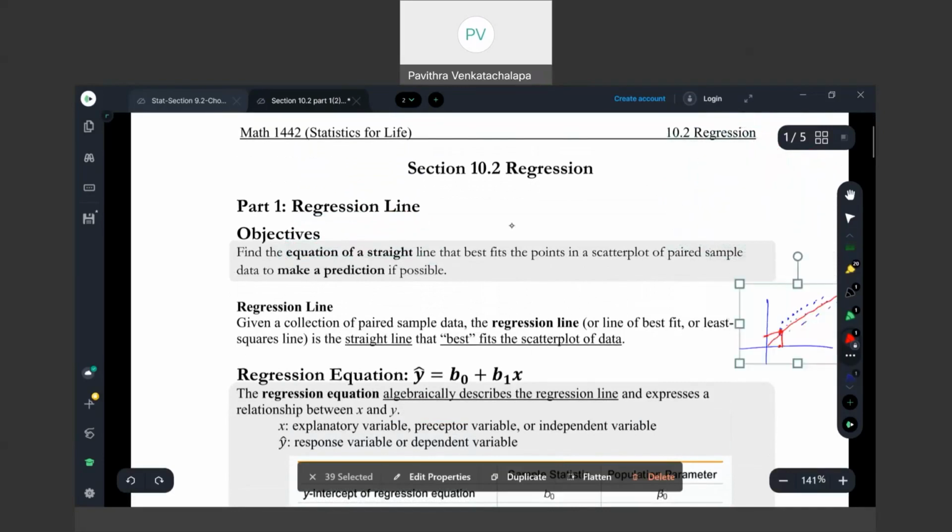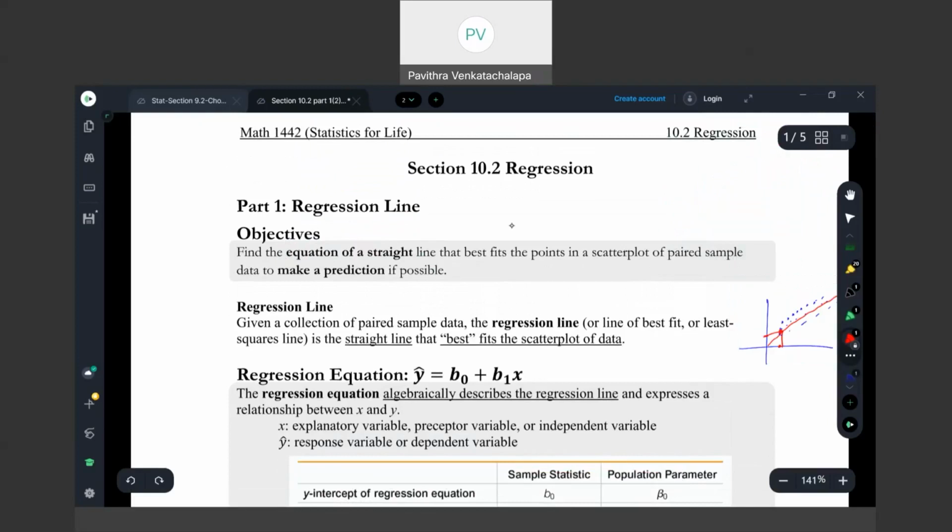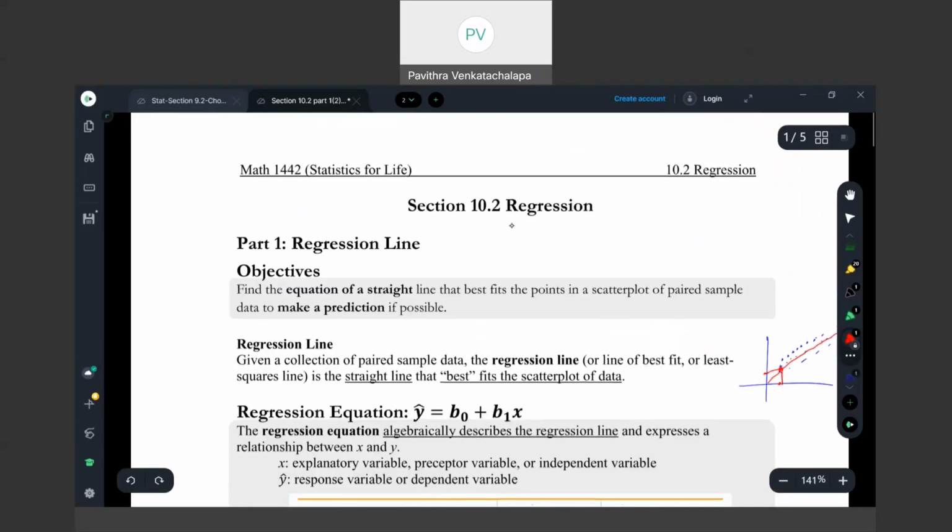Just a quick recap on what we did in section 10.1 and what we will be doing in 10.2. Remember, in 10.1 we started with correlation. Why is that? Because if you want to study a relationship between two variables, you collect the data and then construct a scatter plot.